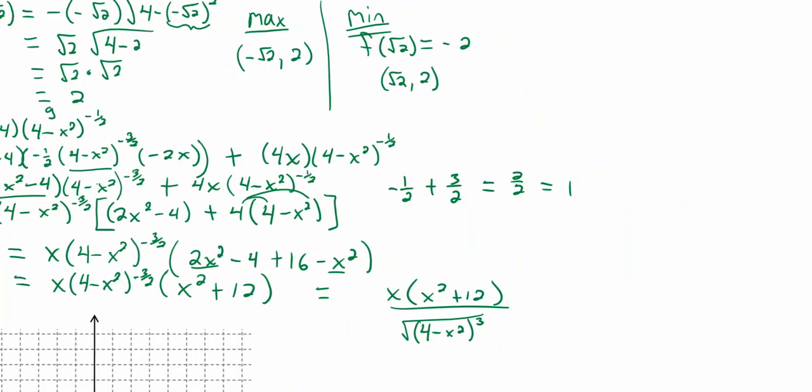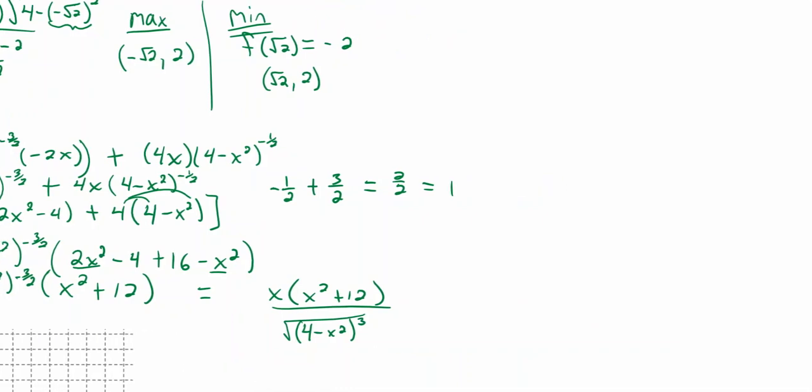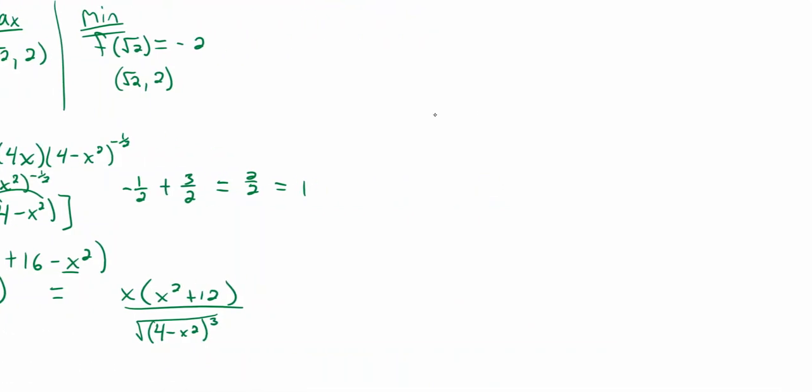Okay, so that's it. There's our second derivative. Let's now, hopefully you guys have more room than me, sorry if you don't, set up our number line here. But I'm kind of getting ahead of myself, we have to figure out where our critical numbers are for this. On the top, we want to know where it's equal to 0.